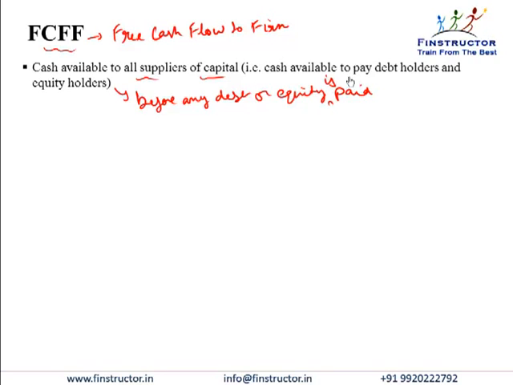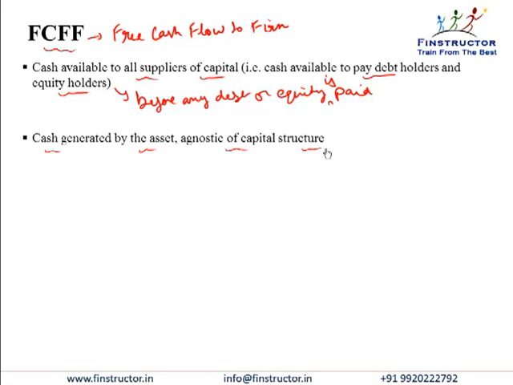That is, with this money I can choose to pay my debt holders or pay my equity holders whatever amount may be required. FCFF can also be thought of as the cash generated by the asset agnostic of the capital structure, that is how much debt or how much equity the company has taken.